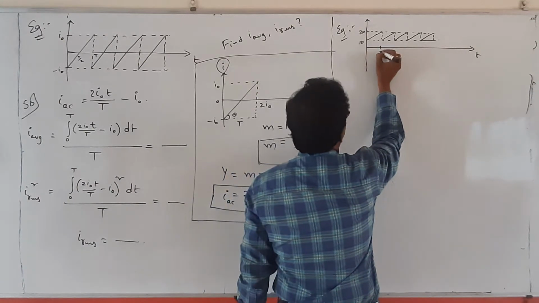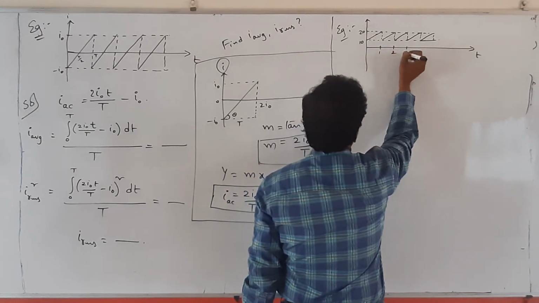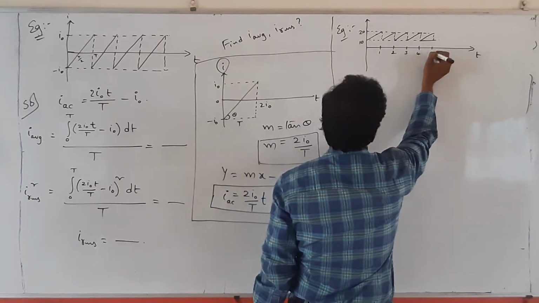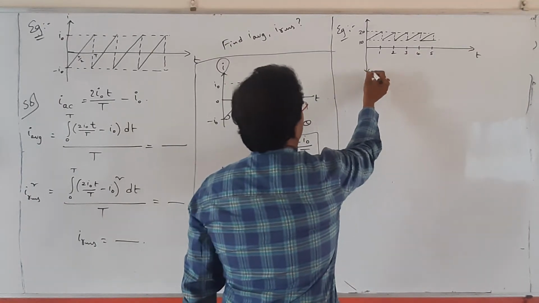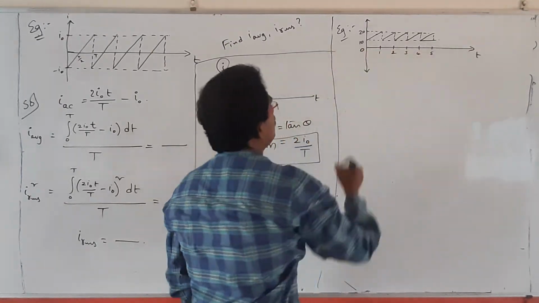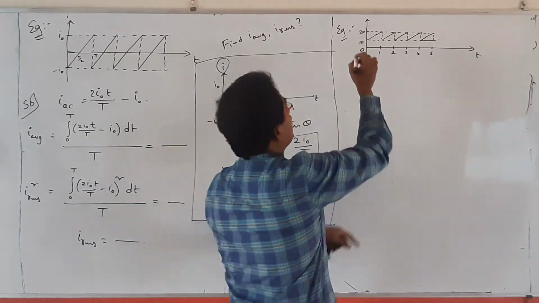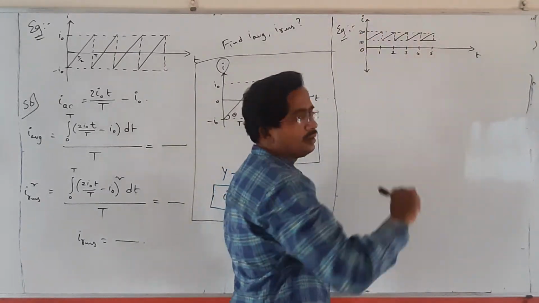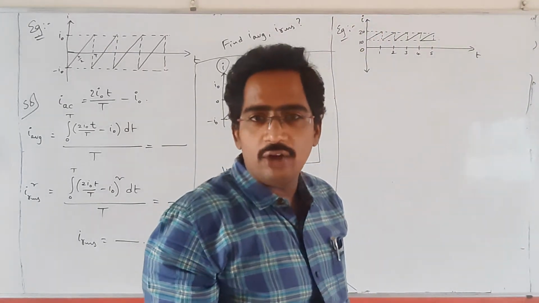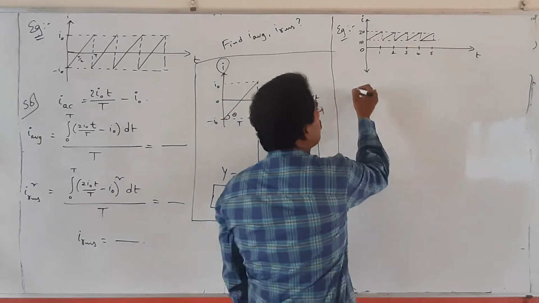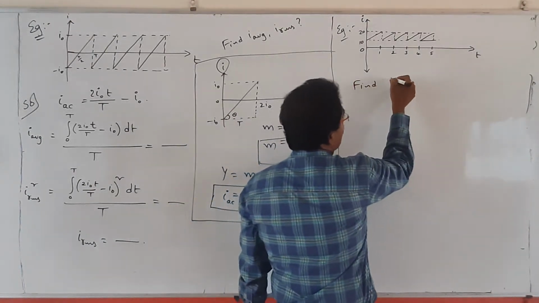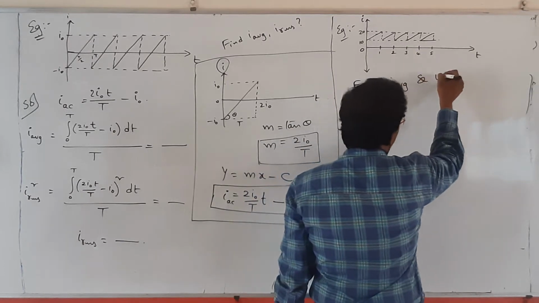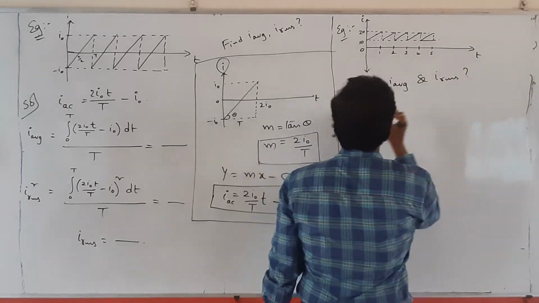Here it is 1 second, 2 seconds, 3 seconds, 4 seconds, 5 seconds. Okay, it is a current-time graph. For that current, I need to find I average and I RMS. So how to do it?